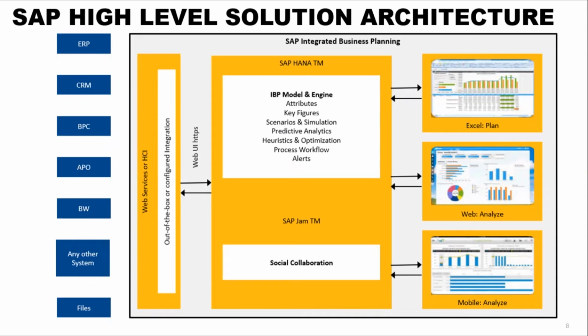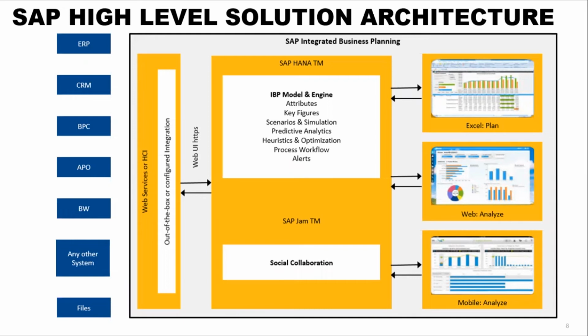Now, to get the data from the execution systems, we have CPI, Cloud Platform Integration, and the Smart Data Integration, SDI. These are the two agents. With the help of those integrations, we get the data from other SAP execution systems to IBP. Once we do the planning here, we'll publish those results back through SDI or CPI.